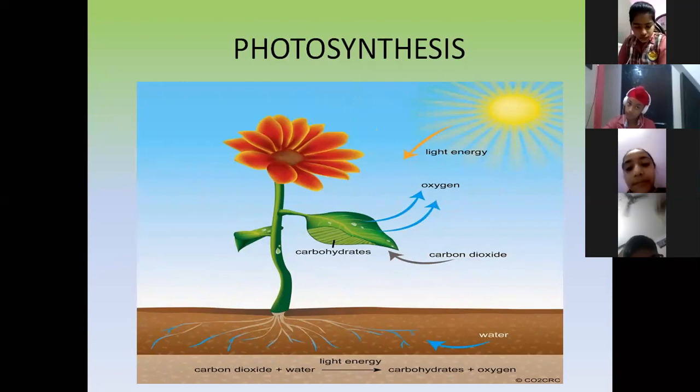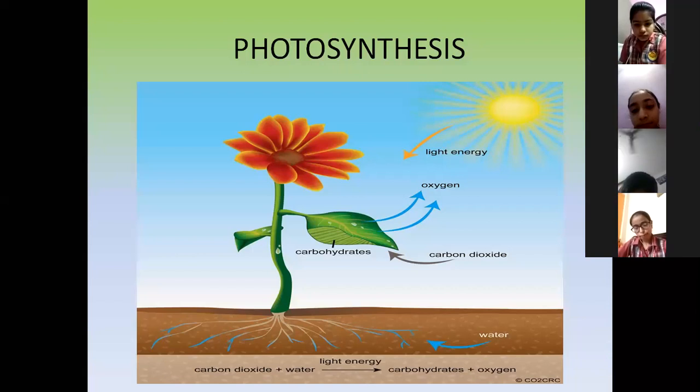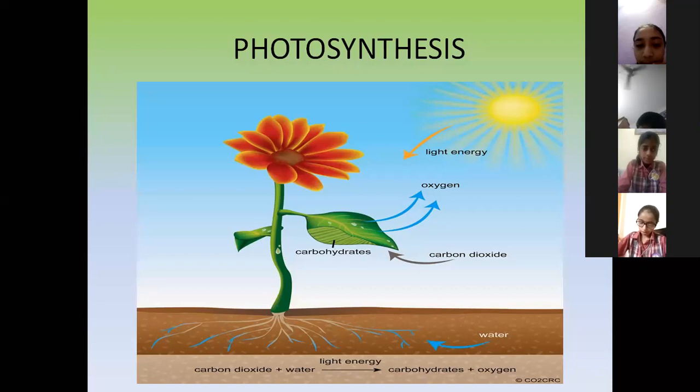The sun gives light energy to the plant, and the plant uses chlorophyll, carbon dioxide and water to prepare its own food, with the help of sunlight, water, carbon dioxide, chlorophyll, and minerals from the soil. And it gives out oxygen. So this is the picture of photosynthesis.